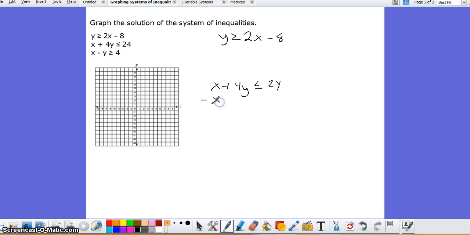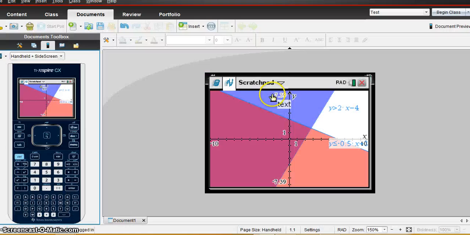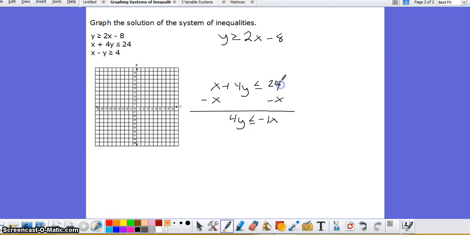I want to solve this, so subtract x, which gives me 4y is less than or equal to negative 1x plus 24. Divide by 4, and y is less than or equal to negative 1/4 x plus 6. So there's our second one.